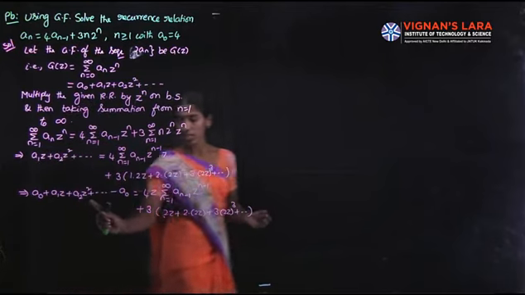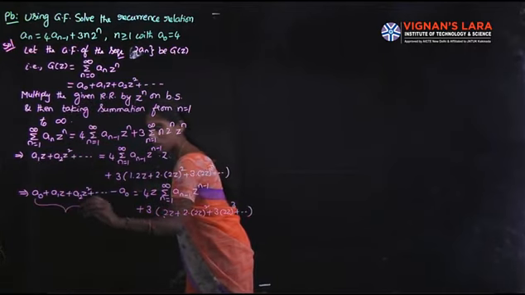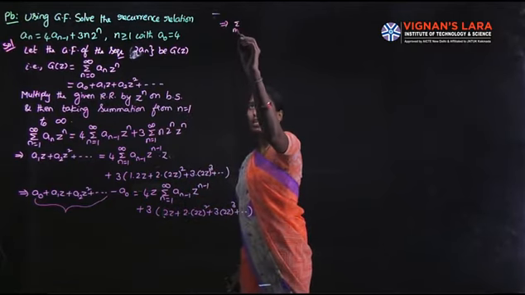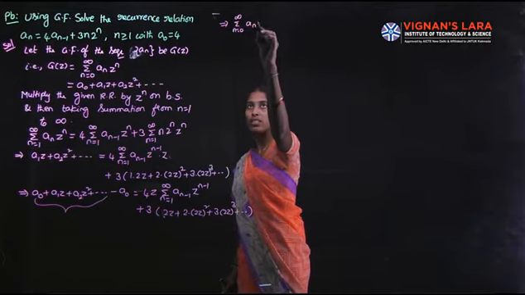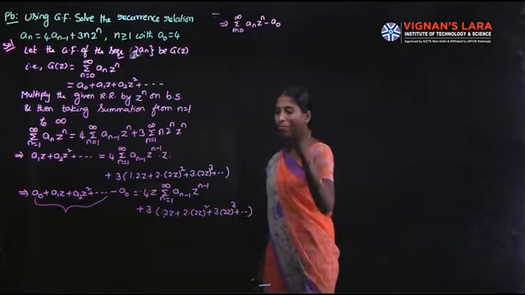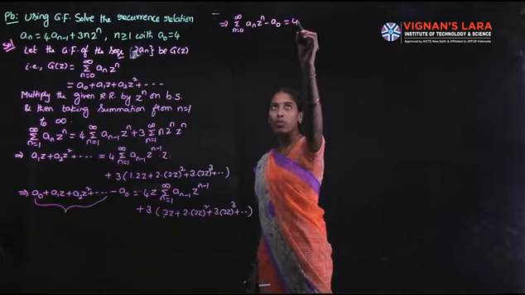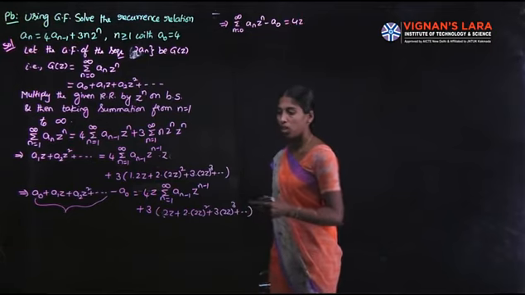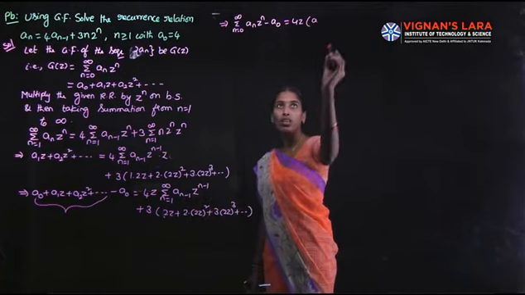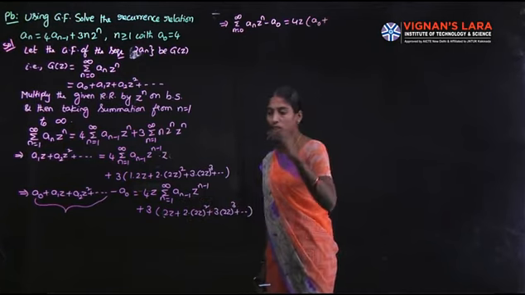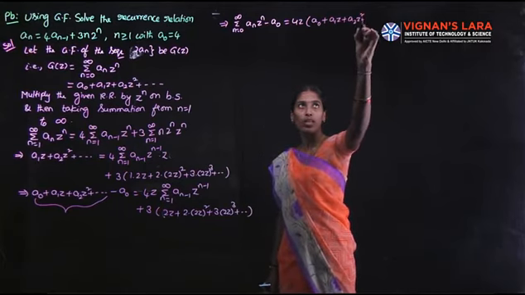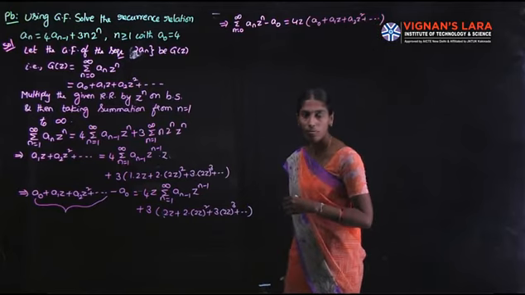The left side term from the start to here is nothing but sigma n equal to 0 to infinity a_n z^n minus a_0. The right side is equal to 4z times the expansion: put n equal to 1, a_0 + a_1 z + a_2 z^2 and so on.